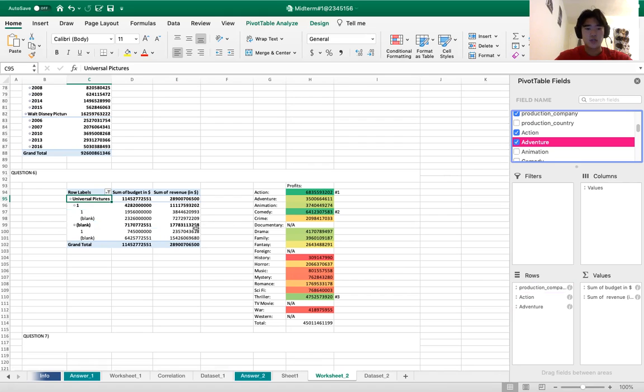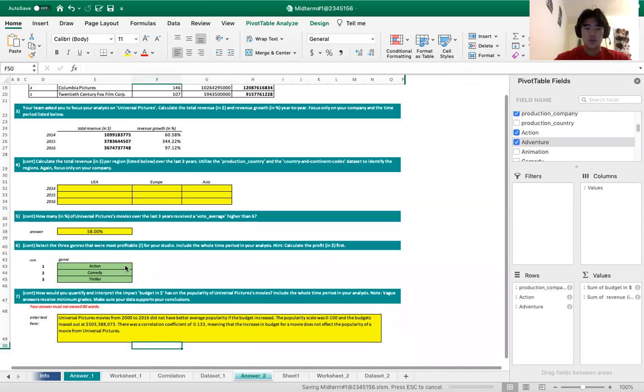So I had to do it this way. So I manually did it for each one. And once I did it for each one, I was able to use conditional formatting in order to make it easier for me to see which one was the highest. So yeah, when I did that, I saw that action, comedy, and thriller were the top 3 genres for Universal Pictures.